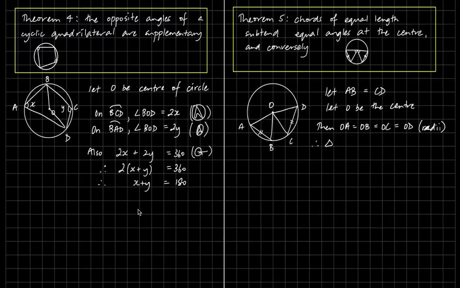So therefore triangle ABO is congruent to triangle CDO. Doesn't really matter too much which order we put those in, and that's by SSS. And therefore angle at the center AOB must be equal to corresponding angle COD, because they're corresponding angles of congruent triangles.